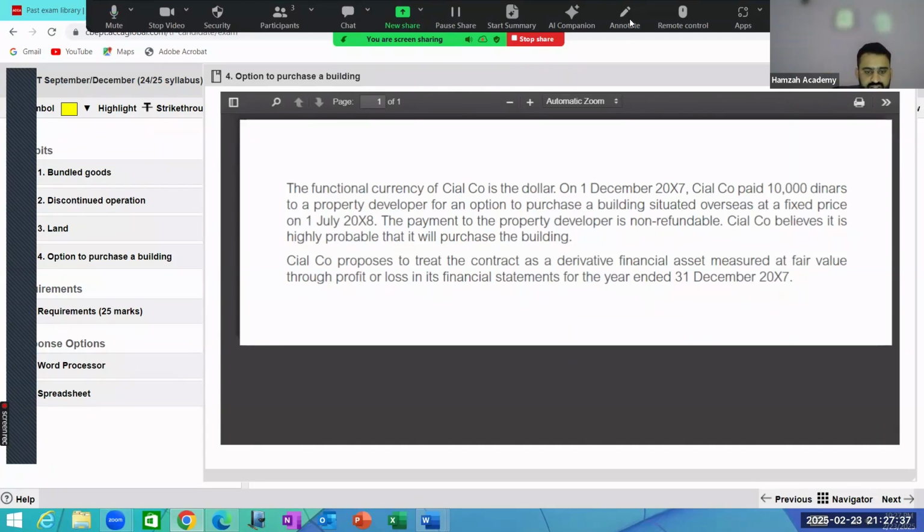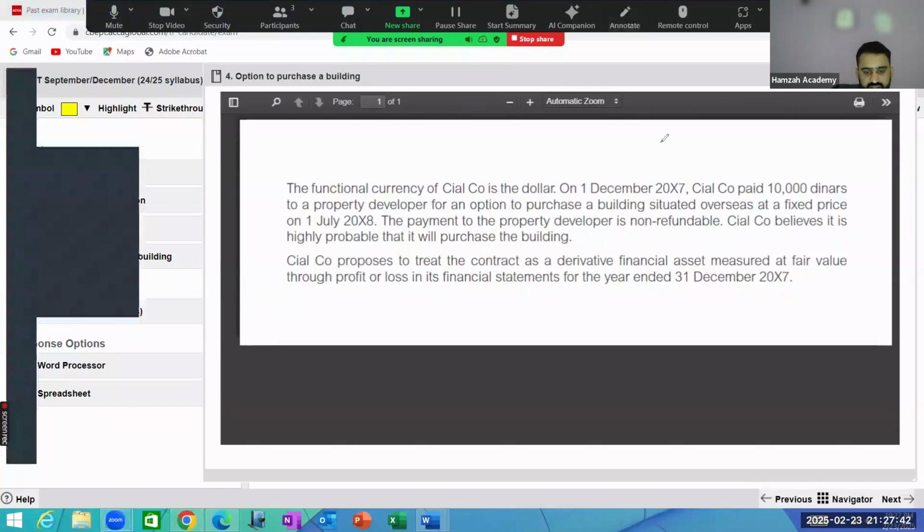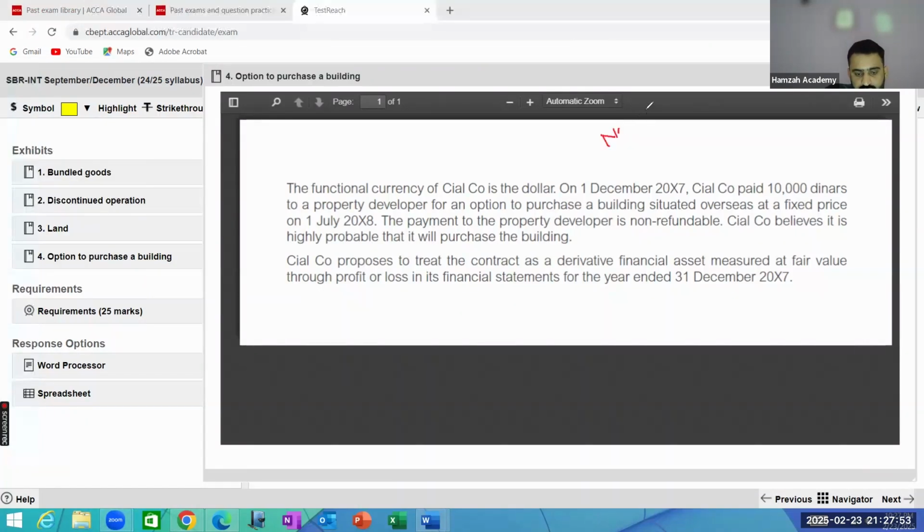Dear student, derivative contracts are treated under IFRS 9, and especially those derivative contracts which relate to non-financial assets like a property. Property is a non-financial asset.